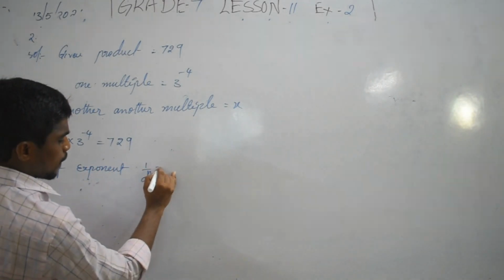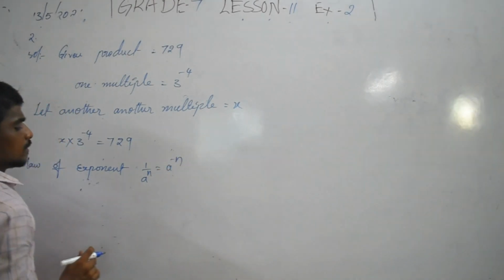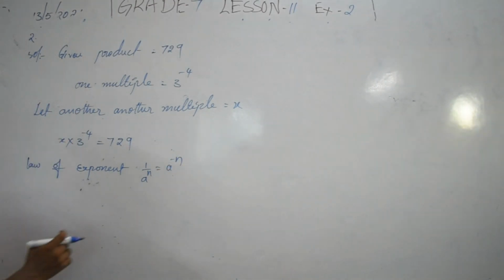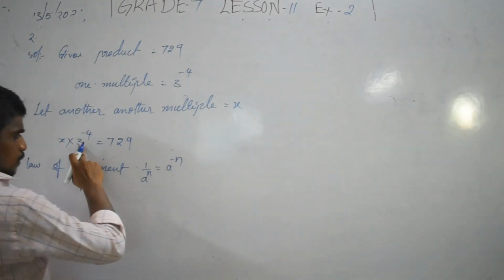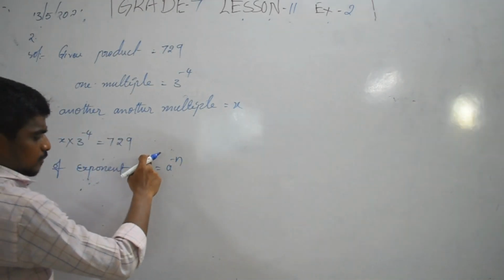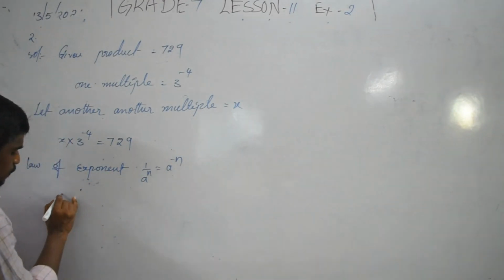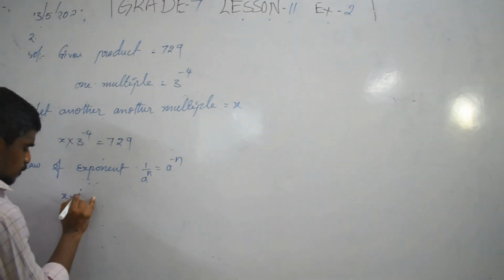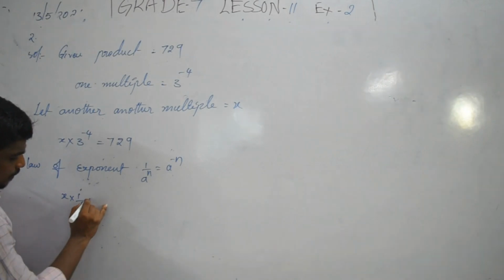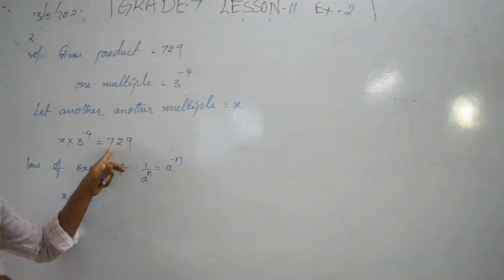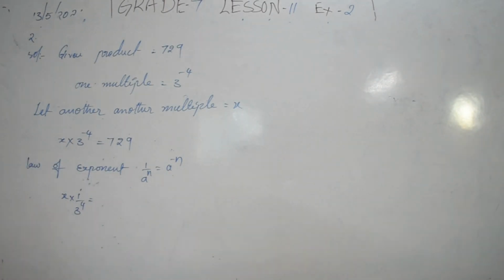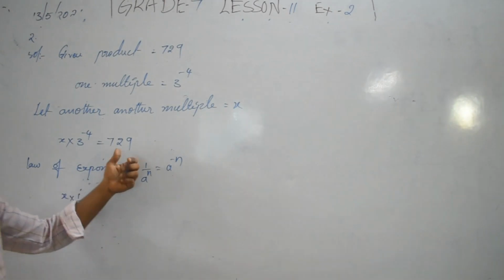Now here, law of exponent: 1 by a power n equals a power minus n. So 3 power minus 4 is how we write 1 by 3 power 4. So x multiplied by 1 by 3 power 4 into 729.